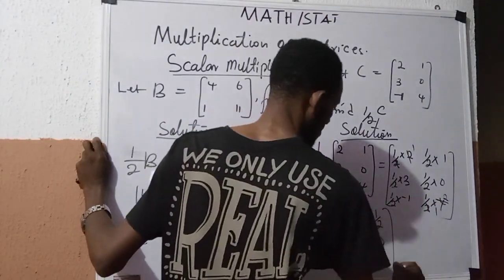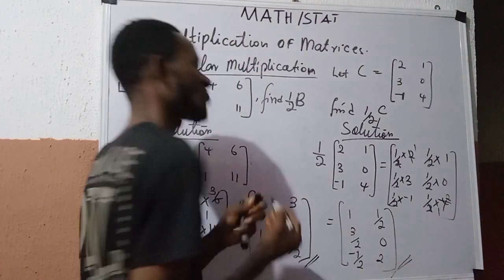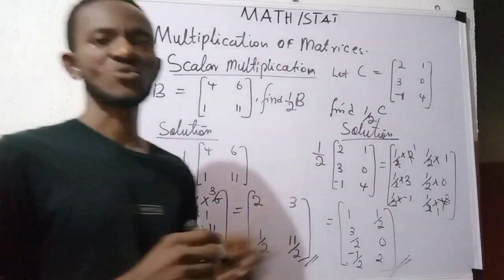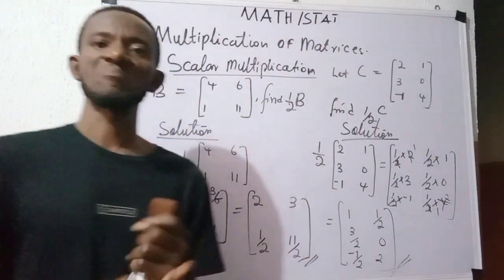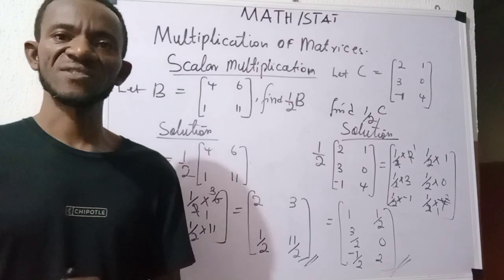You now close up the bracket, and this becomes the answer. This is what we mean by scalar multiplication of a matrix.